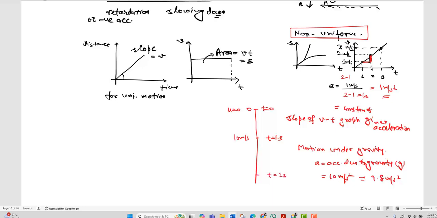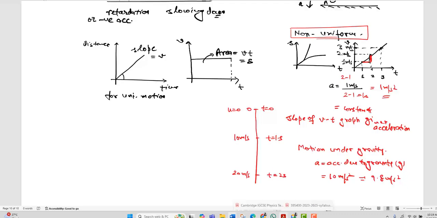After t equal to 2 seconds, for the next interval there is again a change of 10, so that will be 20. Getting this point? So for every 1 second, the pull of the earth is creating a change in velocity of 10 meter per second, so the corresponding acceleration is 10 meter per second squared. Is that clear?